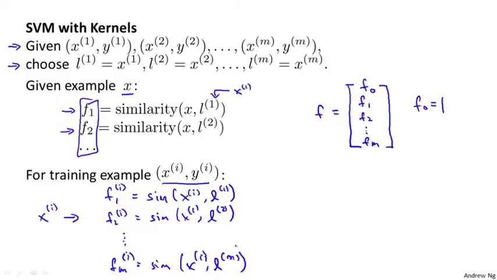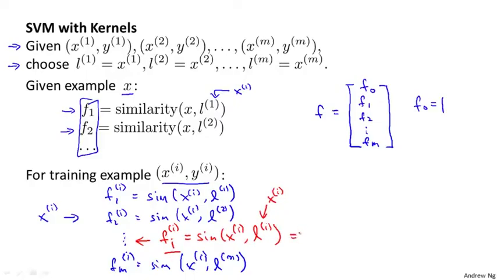And somewhere in the middle of this list, at the i-th component, I will actually have one feature component, f subscript i, which is going to be the similarity between x and Li, where Li is equal to xi. And so, fii is just going to be the similarity between x and itself.